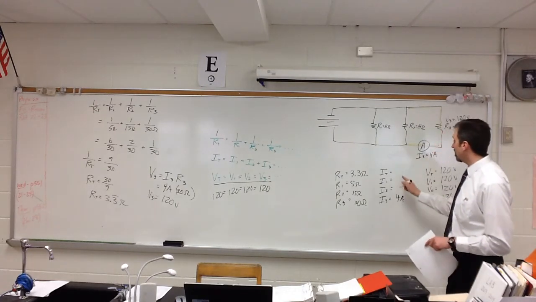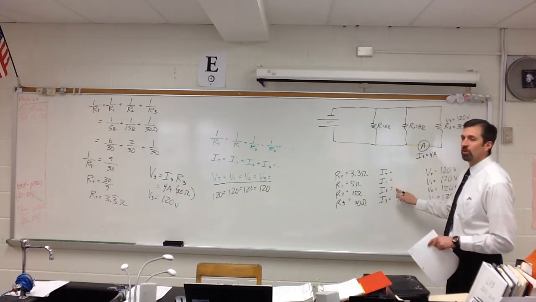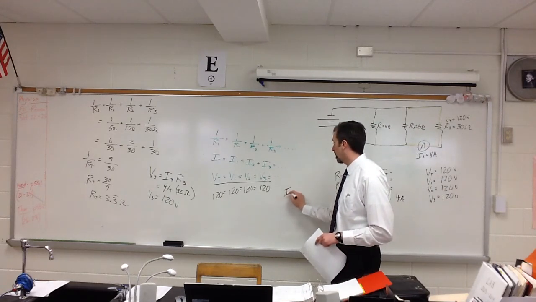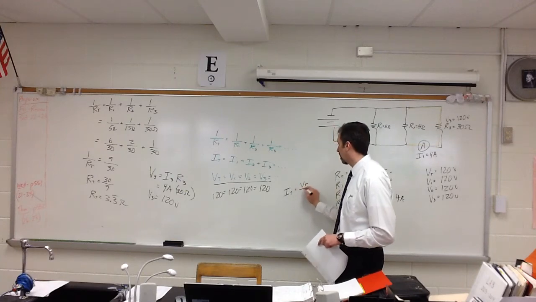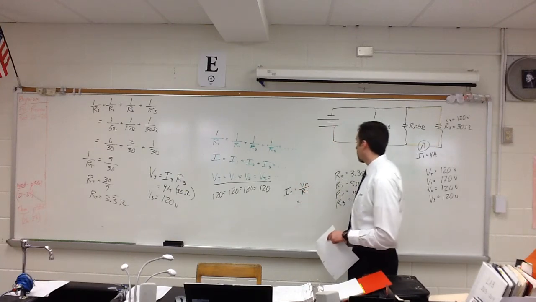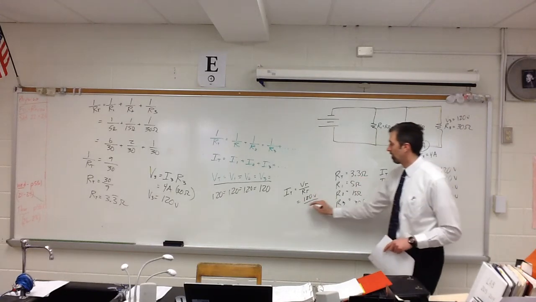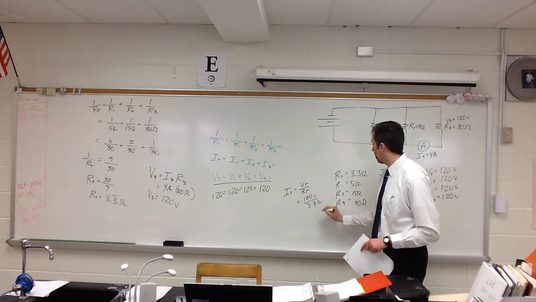And then the last thing is, how do I find these currents? Well, all I got to do here, for instance, I total would be V total over R total. So 120 volts over 3.3 ohms.